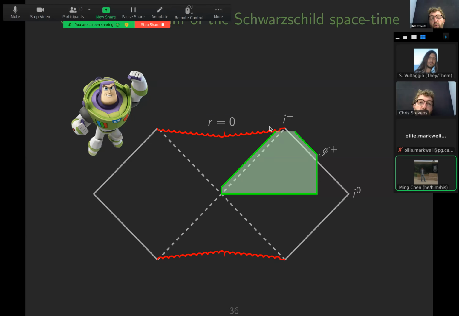What's really cool in the conformal diagram is that light rays are at 45 degrees and timelike observers are within those. So as soon as an observer goes inside this apparent horizon, r equals 0 is in their future, right? It's a nice conceptual way of representing what happens when you go into a black hole.